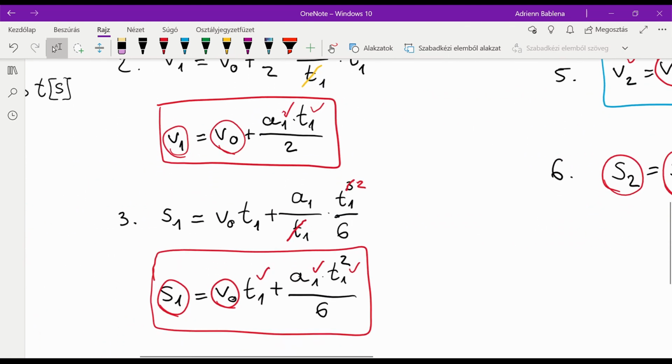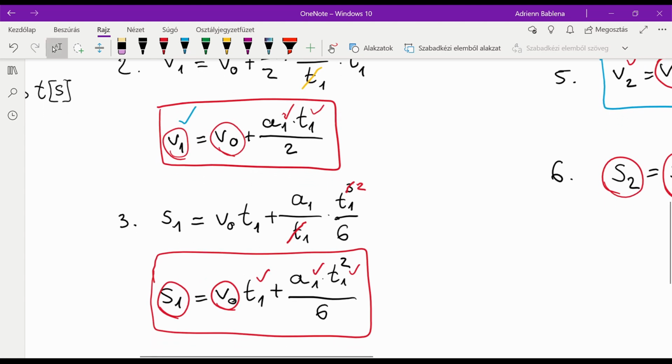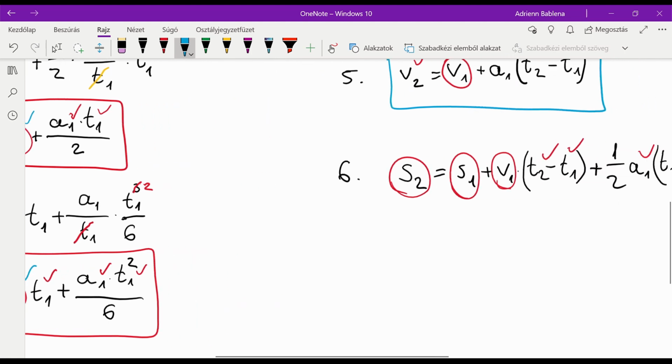And what we can do after that, when we know V1, then we can use the second equation. We can calculate V0 from the second. When we know V0, then we can use the third equation. We can calculate S1.